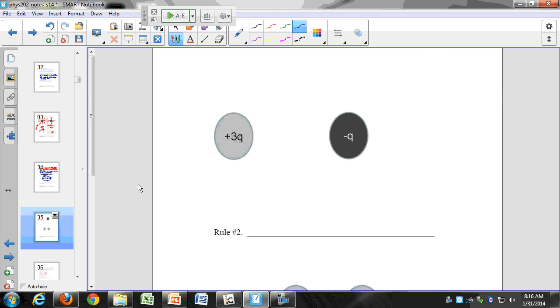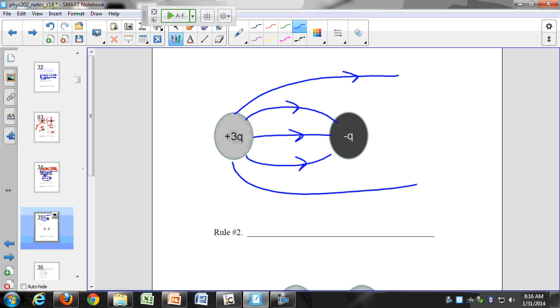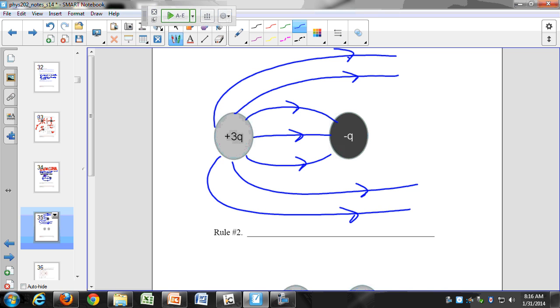All right. So if you have an excess of charge, I get some field lines that come here, like this. But then when I have extra field lines, they look like that.